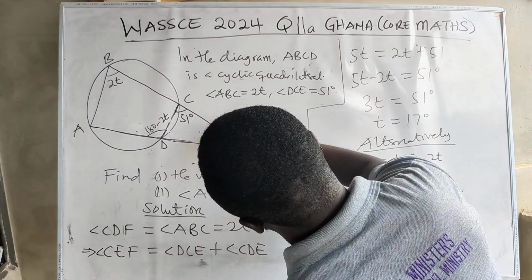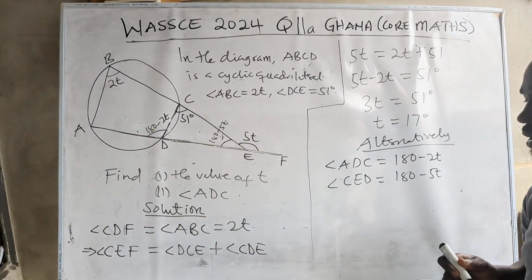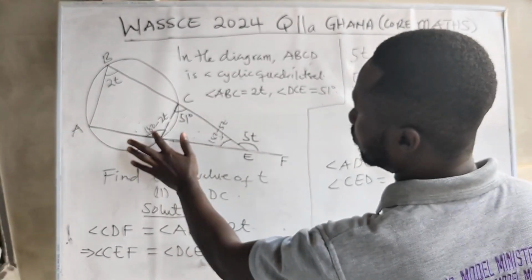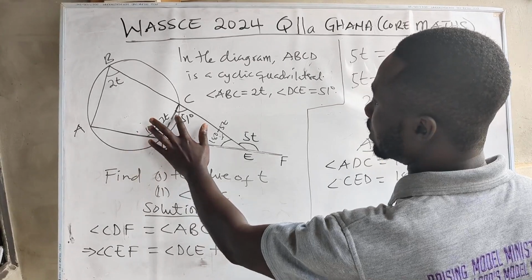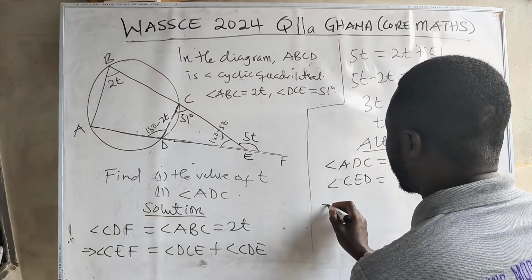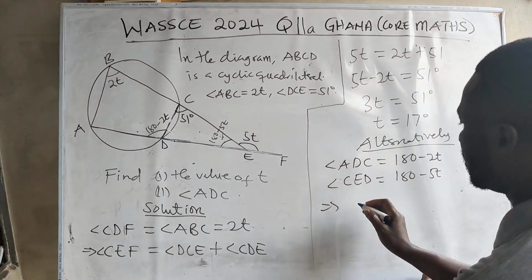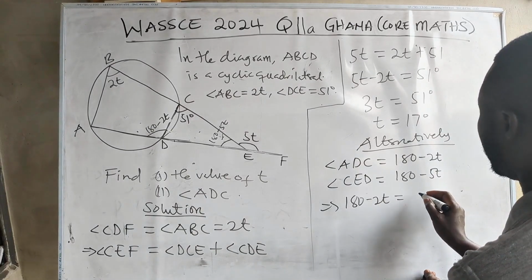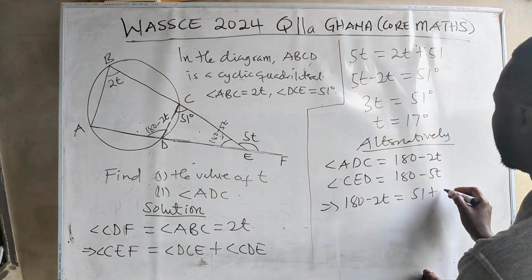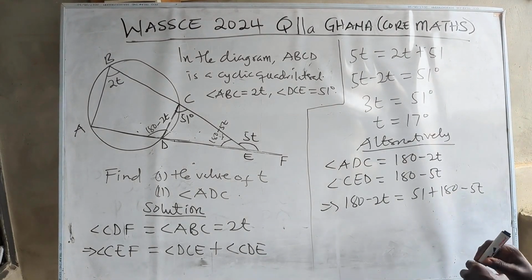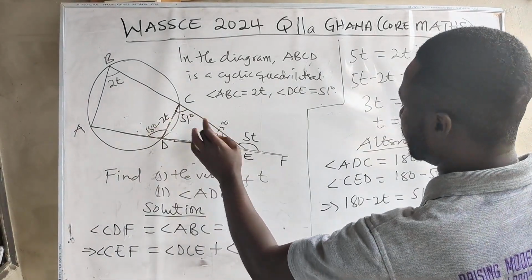If that is the case, then the exterior angle here will be equal to the sum of the opposite two interior angles. So I can therefore say that 180 minus 2t is equal to the sum of 51 plus 180 minus 5t.